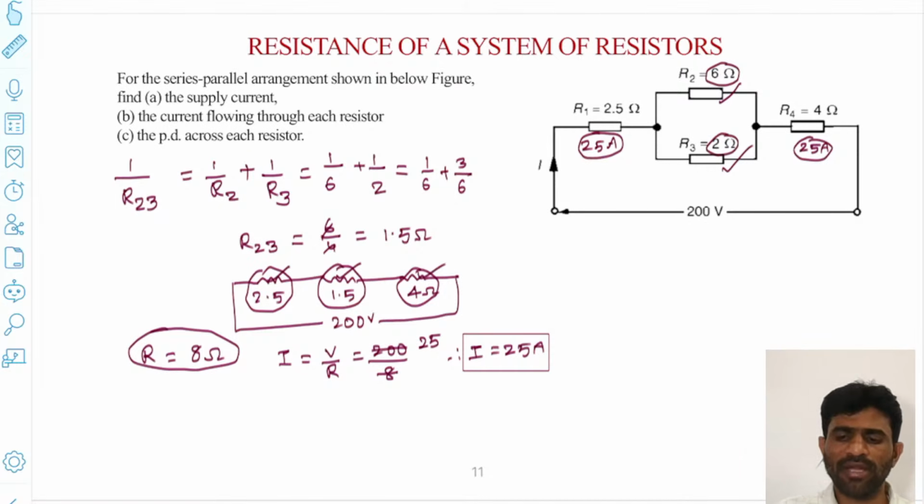Here the potential difference will be the same. It is not 200. The 25 amperes is divided into two parts, I1 and I2.